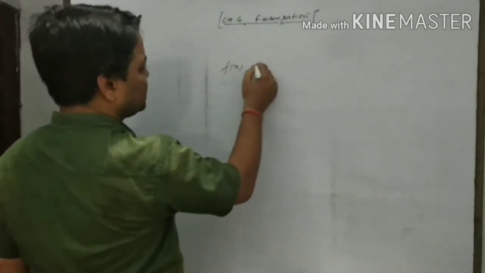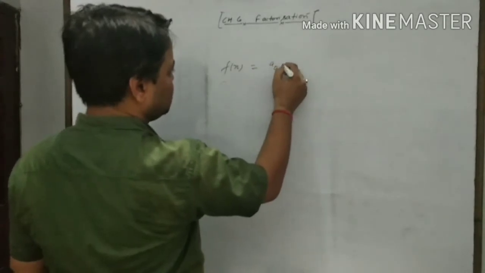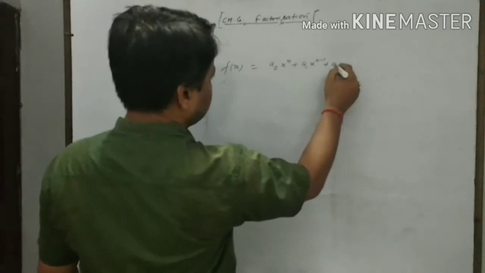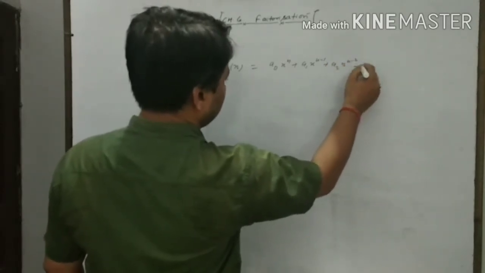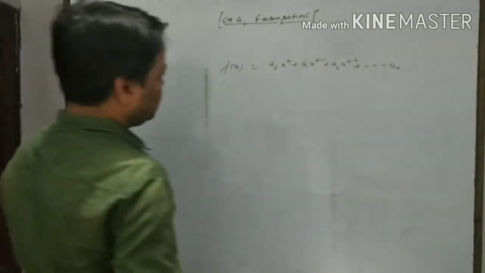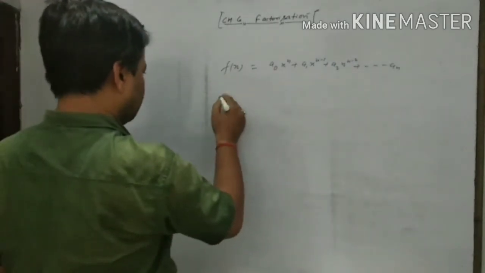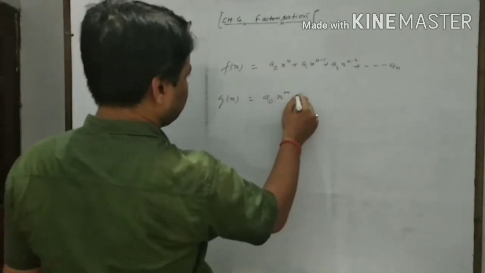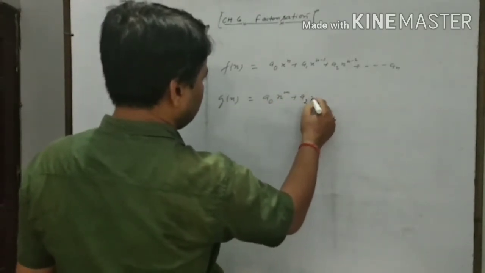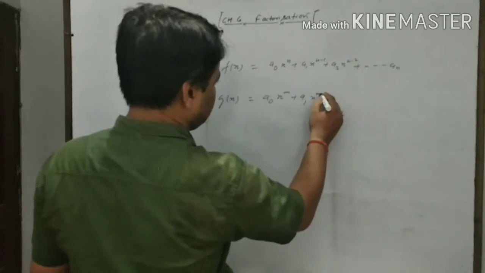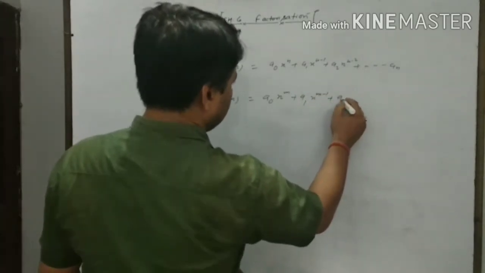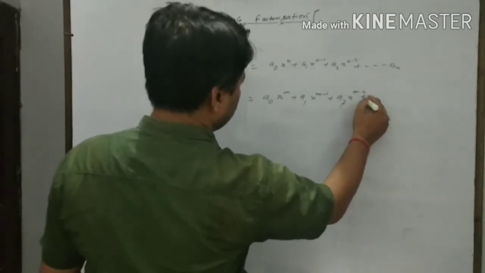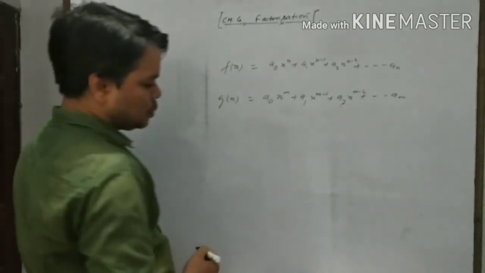Here we have f(x), a polynomial like this way: a0 x to the power n plus a1 x to the power n minus 1 plus a2 x to the power n minus 2 up to an. And here we have another polynomial g(x) is equal to b0 x to the power m plus b1 x to the power m minus 1 plus b2 x to the power m minus 2 up to bm.